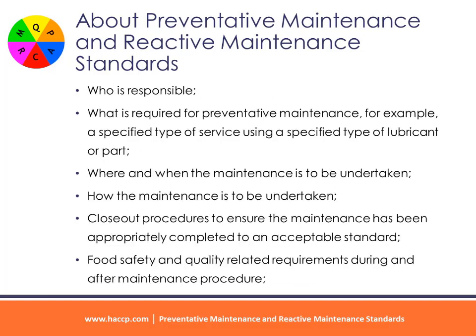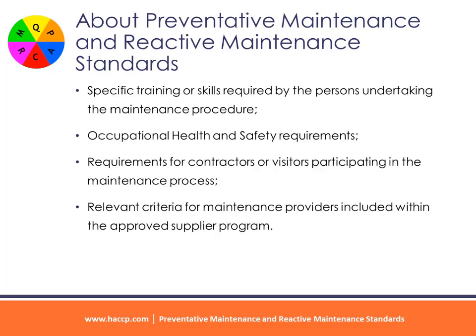A documented maintenance policy, procedure and scheduled maintenance program may include what is to be included within the schedule, who is responsible, what is required for preventative maintenance, for example, a specified type of service using a specified type of lubricant or part, where and when the maintenance is to be undertaken, how the maintenance is to be undertaken, closeout procedures to ensure the maintenance has been appropriately completed to an acceptable standard, food safety and quality related requirements during and after maintenance procedure, specific training or skills required by the persons undertaking the maintenance procedure, workplace health and safety requirements.